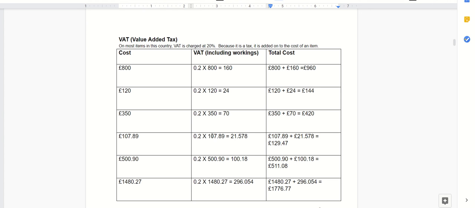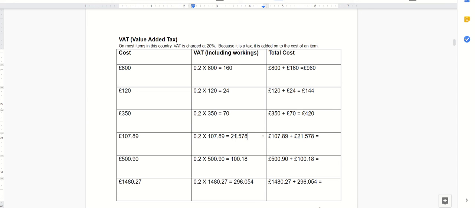So 0.2 multiplied by 107.89 gives us the answer of 21.578. Right? We don't want that as a full number, so let's have a look at how we can change this and do this with all of the numbers that have 3 decimal places.